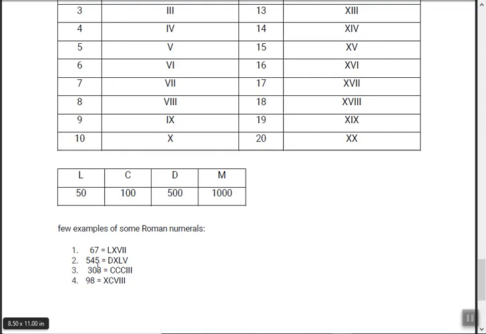Okay, 303 means 100 is C, so C and then 3. 98, 98 means what? See this, C is 100. We got X before that, then it becomes 90, and then we add 8. This VIII, that 8 we added. Okay, so these are a few examples.